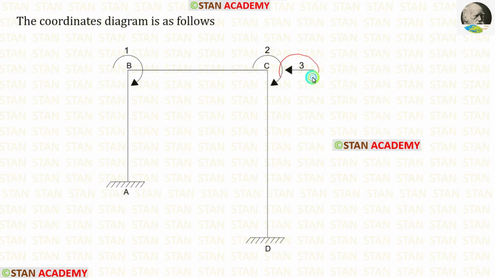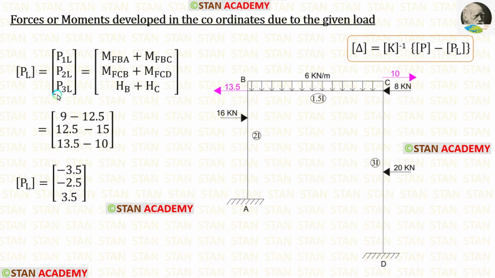The third coordinate is the sway, which is acting towards the left side. To find P3L, we have to add the horizontal reactions in the points B and C. We just saw that our coordinate is acting towards the left side.